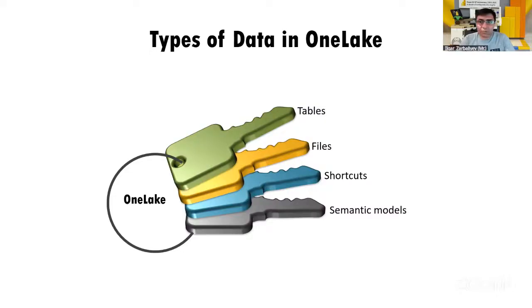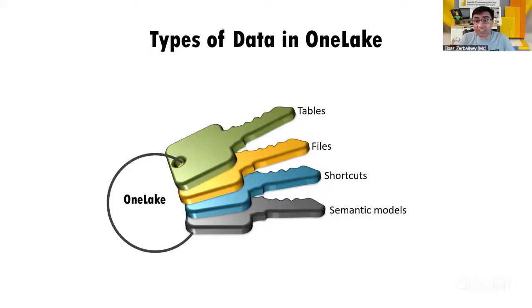Another important data type is shortcuts. Rather than physically copying data into OneLake, shortcuts allow you to create references to data stored elsewhere. This could be data located in Azure Data Lake Storage, Amazon S3, or even another OneLake location.